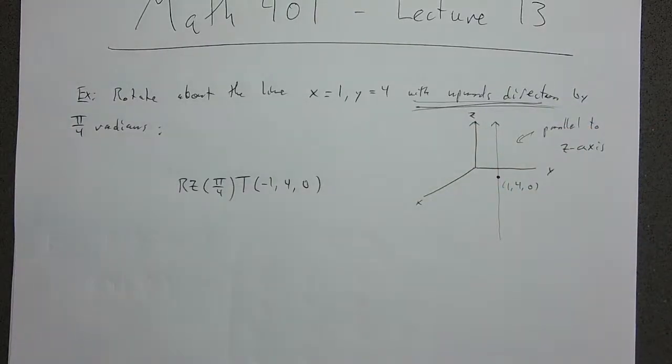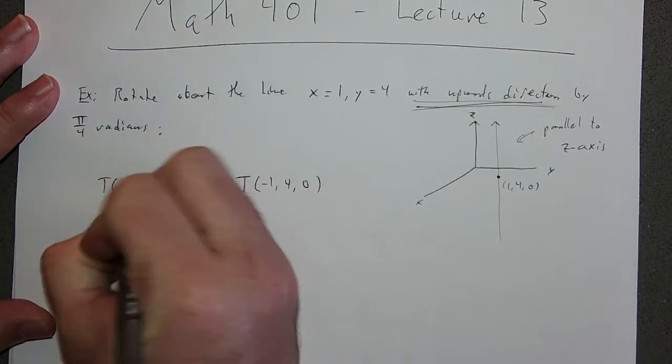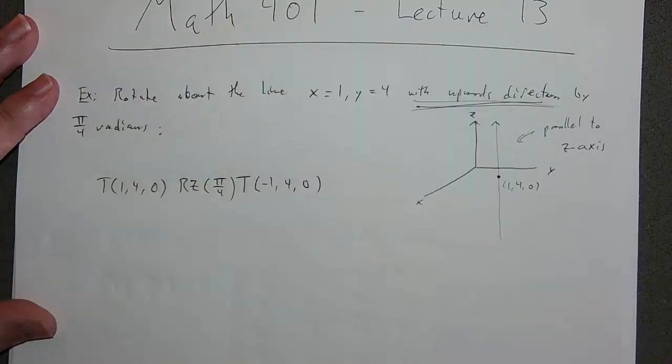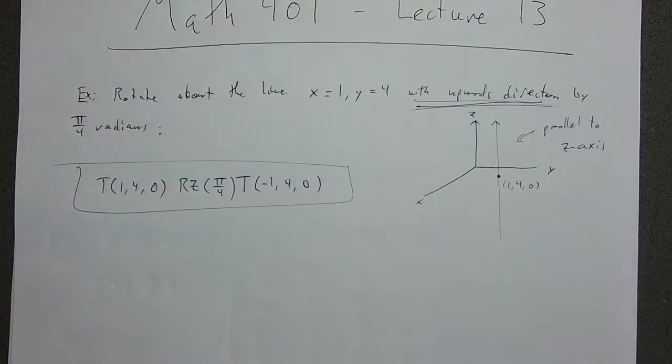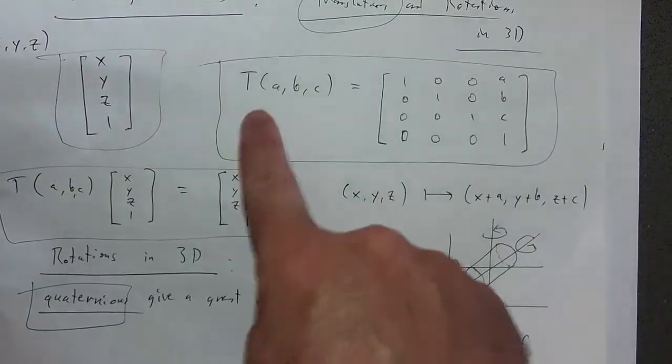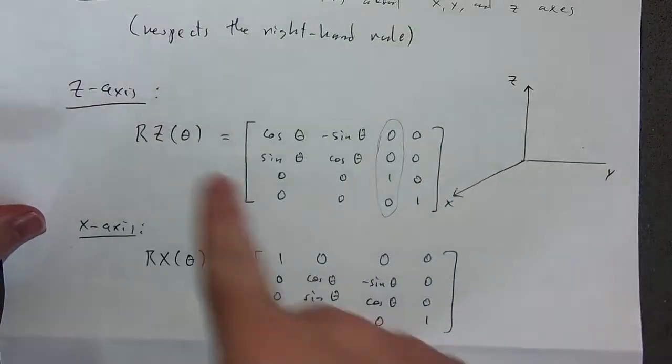And then I translate back to my starting point by doing the opposite translation. And so this matrix product is a product of three matrices that I'm not going to write down. But recall, I'm just going to flash it on the screen again. So the translation matrices, here is how we do those. And the rotation about the z-axis matrix, this is how we do that.